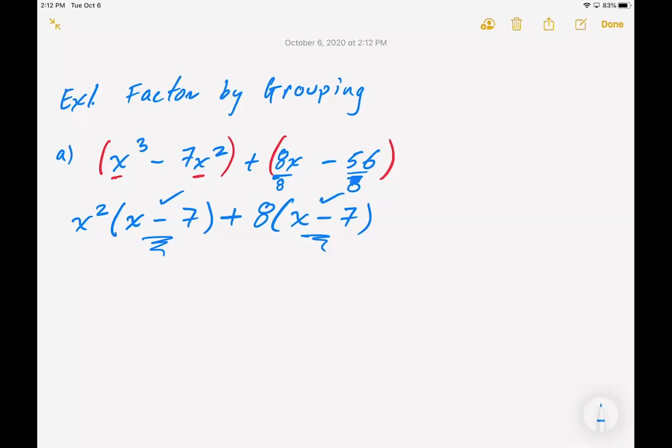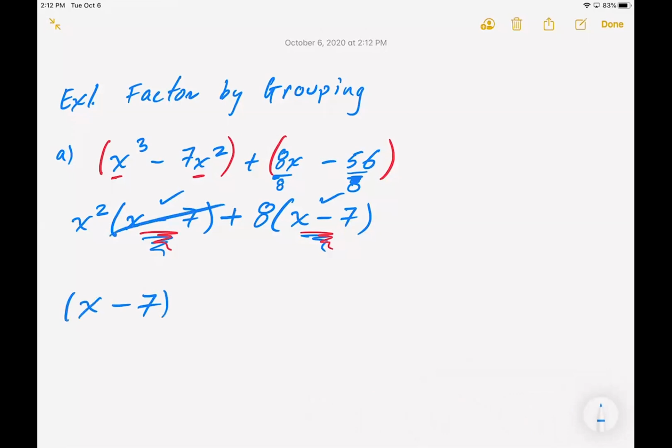So in this case, everybody see that we have x minus 7 in the parenthesis and x minus 7 in the parenthesis. And if they are the same, what do we do?